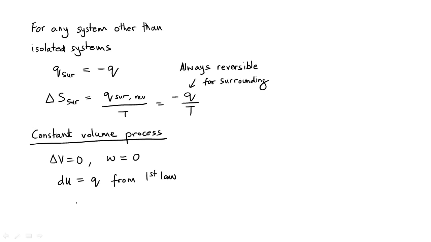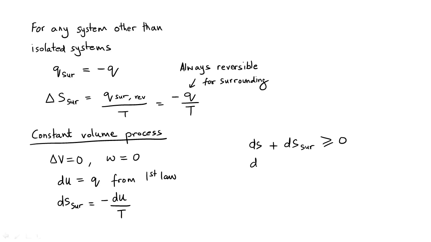The change in entropy of the surroundings, dS surroundings, from the formula written above is equal to minus dU by T. From the second law of thermodynamics, dS of the system plus dS of the surroundings should be greater than or equal to 0 for a spontaneous process.